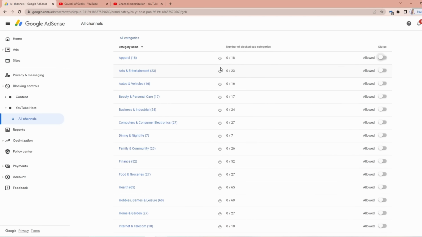But it was really difficult to know exactly how Matt Walsh was categorizing his quote-unquote documentary. Odds are it was categorized under arts and entertainment. I'd seen some things related to him categorized under comedy, which would have been a subcategory of this. And if I block all of that, that means 23 subcategories of arts and entertainment.